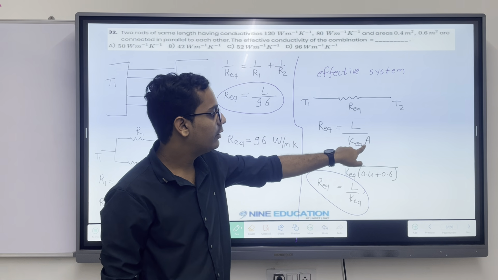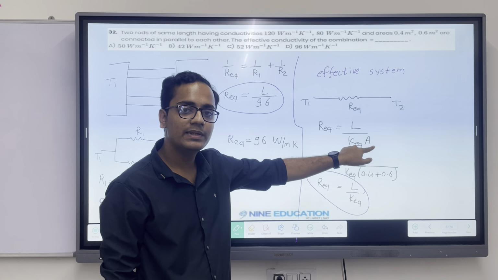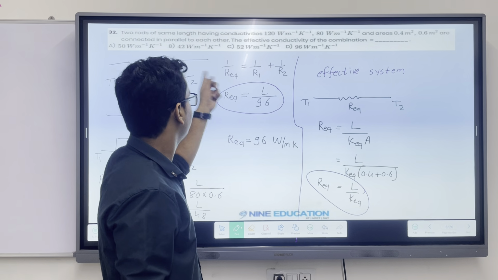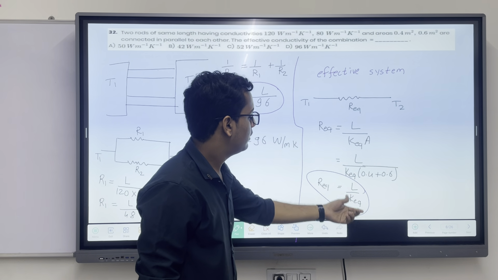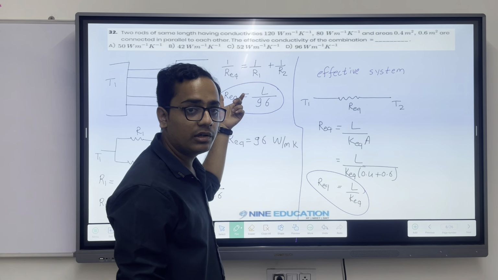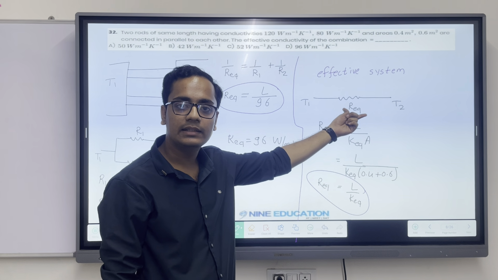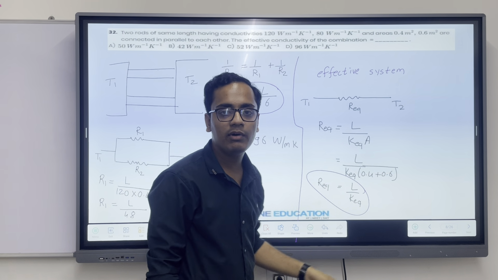Write down L divided by K equivalent into area. This area is basically the combined area of these two. Length is common. Hence, compare the R equivalent which you found using these two connections and the single resistance. Compare these two, you'll get the value of K equivalent.